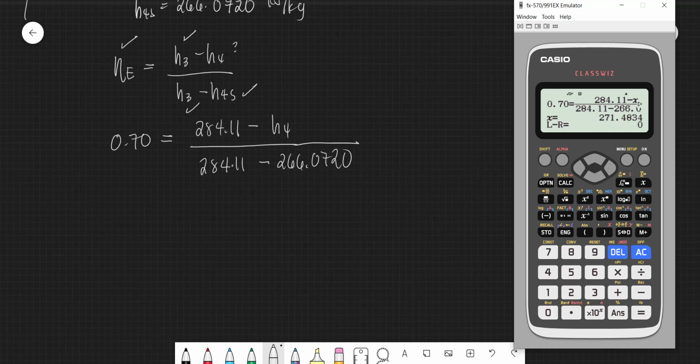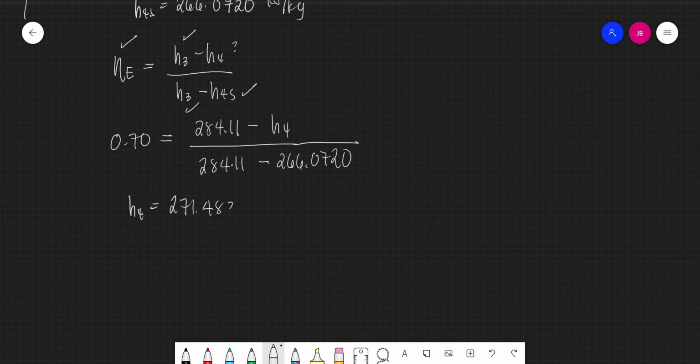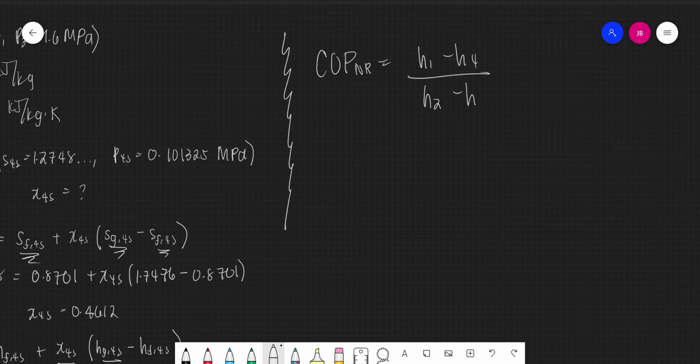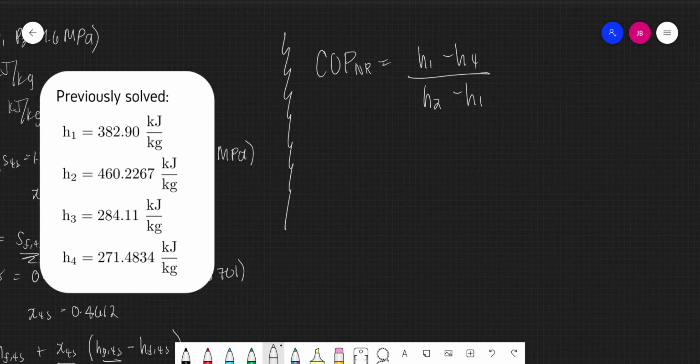So we have 271.4834 as the enthalpy at state 4. Going back to the formulas that we derived a while ago, we have COPNR equals H1 minus H4 divided by H2 minus H1. So let us just input the values that we saw for these enthalpies.